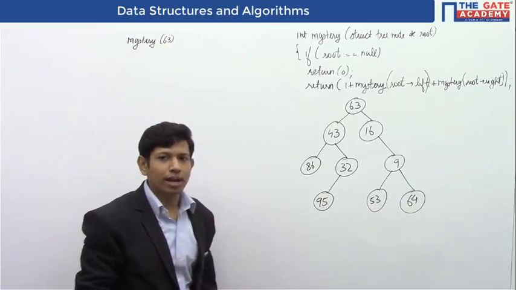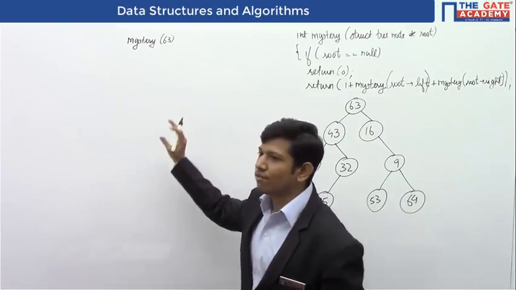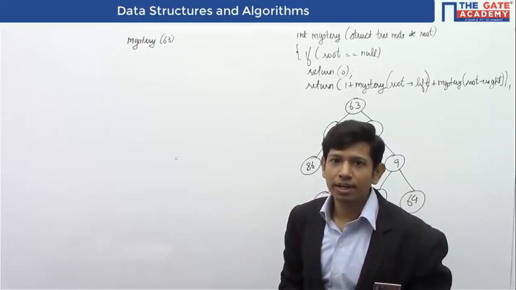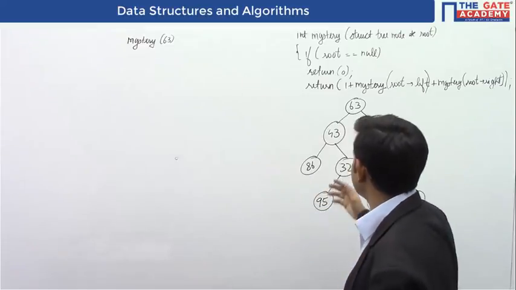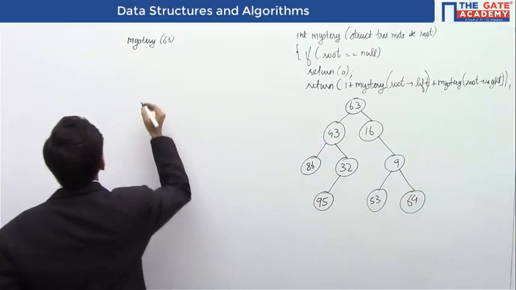Whenever we get a program which is using recursion, we must clearly solve it using a recursive stack. So mystery of 63 is called, and it is being solved using the recursive stack. So let's draw the recursive stack.